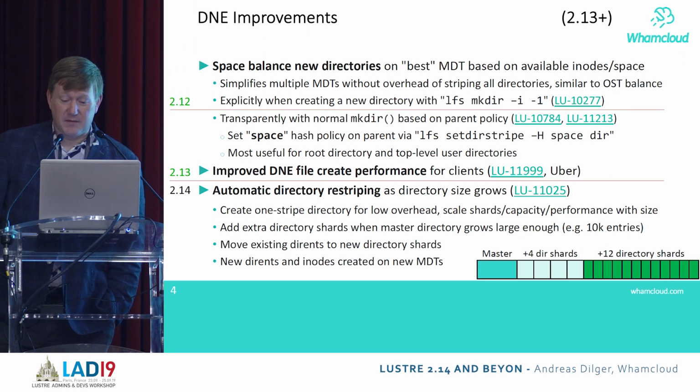In 2.12, you could use lfs mkdir -I to say, create this new directory on one of the MDTs, I don't care which one, and it will try and find the one with the least space usage. And so that simplifies it a little bit, but you still have to know about lfs mkdir or lfs setdirstripe to do that.